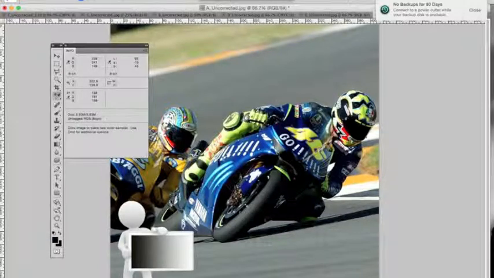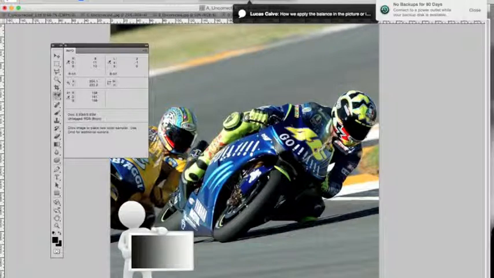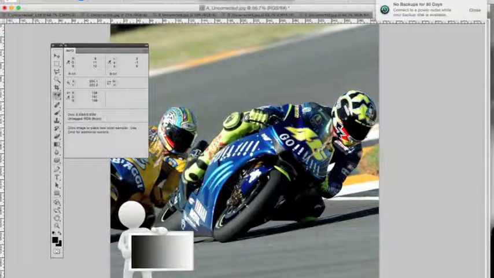So that's the first basic lesson in understanding how we can apply this idea of colour being in balance in the real world and applying that logic to images to help us balance those images out.